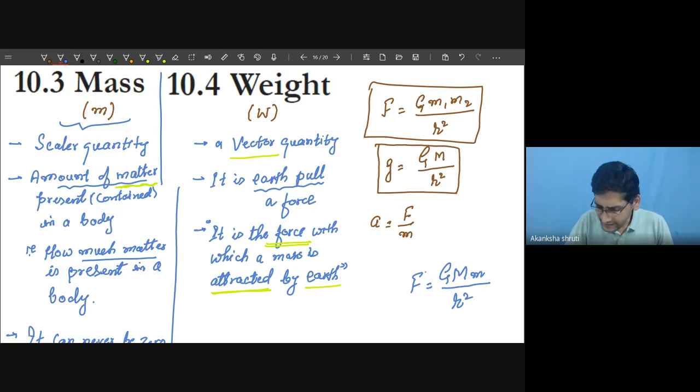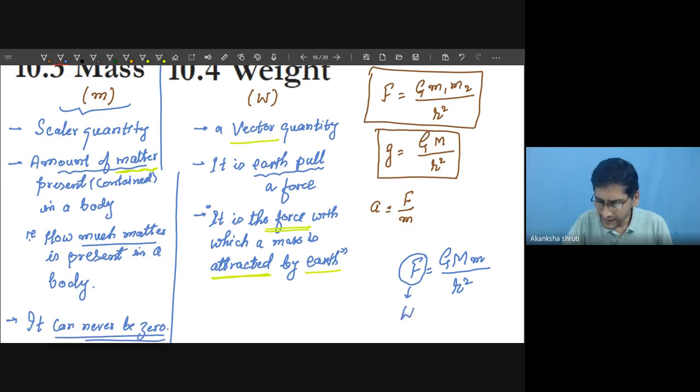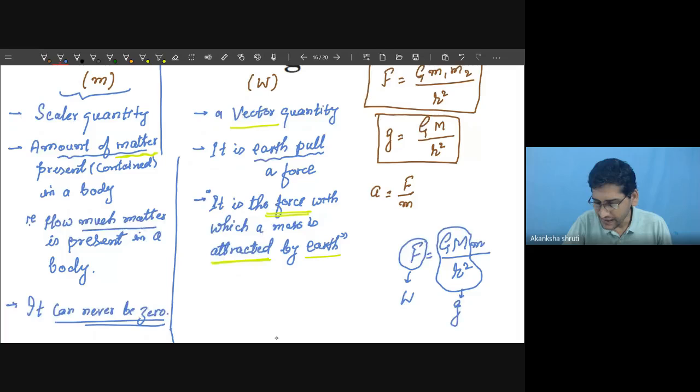But the weight is given a specific symbol called W. Why? Because this capital GM by small r square represents a small g, and this mass m itself is the small m.